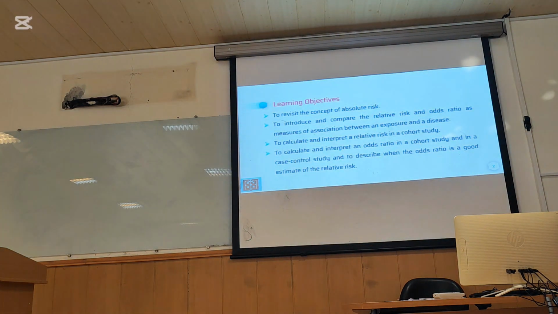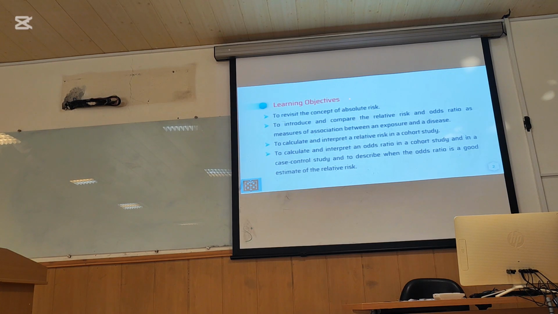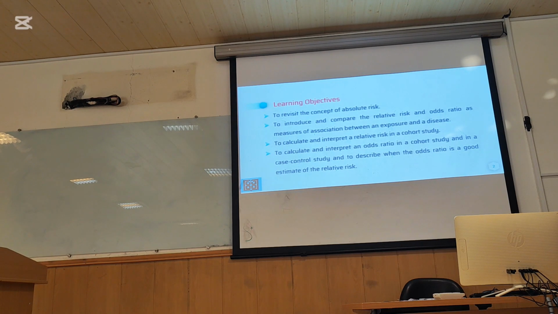So in this session, we want to revisit the concept of absolute risk. After that, we want to introduce and compare relative risk and odds ratio. Relative risk and odds ratio are two important indices for assessing the association between two factors.